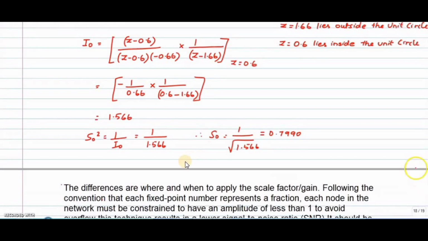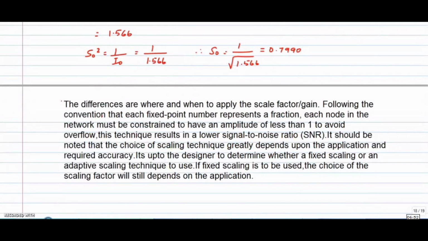So the difference is where and when to apply the scale factor gain. Following the convention that each fixed point number represents a fraction, each node in the network must be constrained to have an amplitude of less than 1. Since the S naught value is less than 1, we can avoid the overflow. This technique results in a lower signal to noise ratio, that is, SNR.